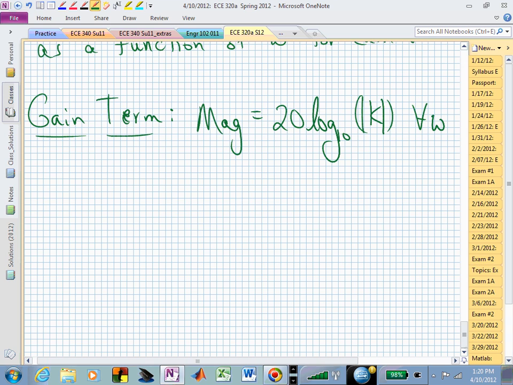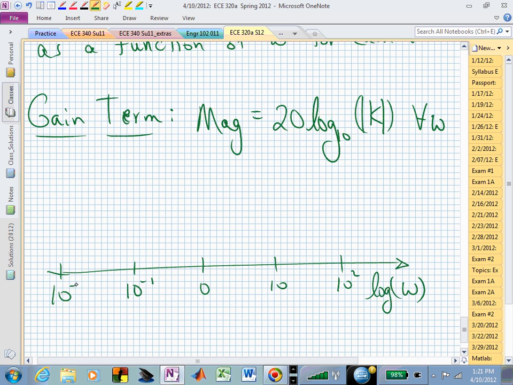And k is fixed. That wasn't a function of omega, was it? So once you have k, let's try to sketch this. I get sloppy, I just label this as log, but it's really log of omega, meaning this might be 0, this might be 10, this might be 100, this might be 0.1 or 10 to the minus 1, this might be 10 to the minus 2, and that's 4-cycle log paper.